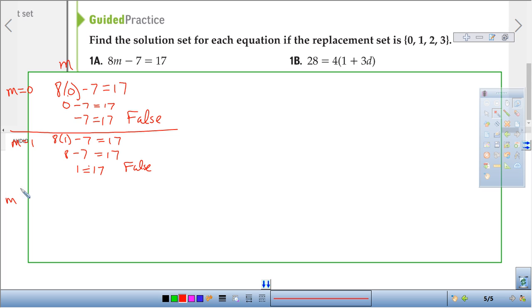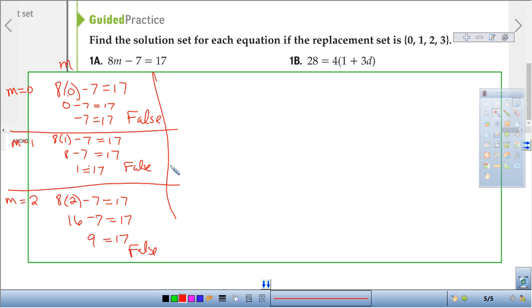And when M is equal to 2, 8 times 2 minus 7, is that equal to 17? 16 minus 7, is that equal to 17? That gives me 9. False.